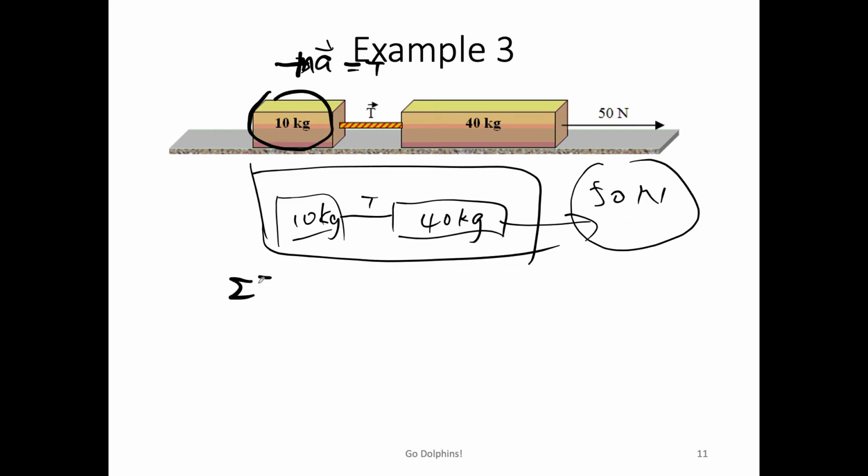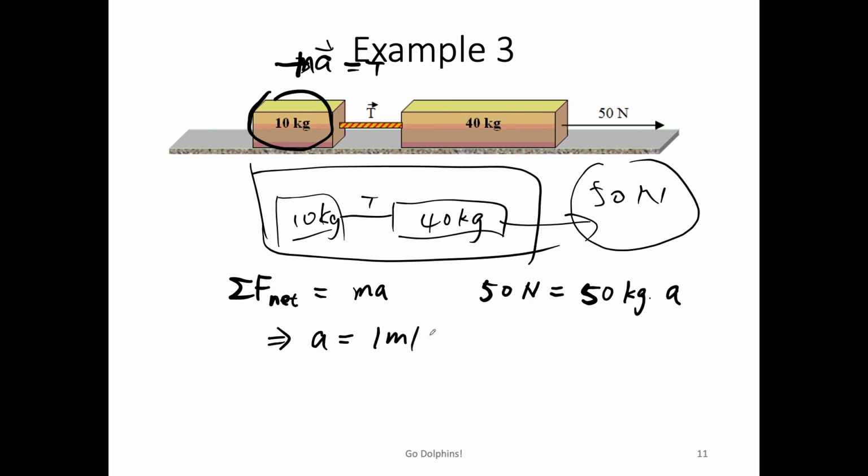Net force equals m a, and net force is 50 Newton, and the sum of those two is 50 kilogram times a. So a is 1 meter per second square. So both of these blocks are moving at 1 meter per second square, going right.